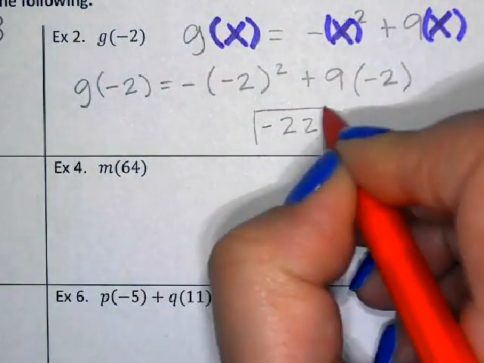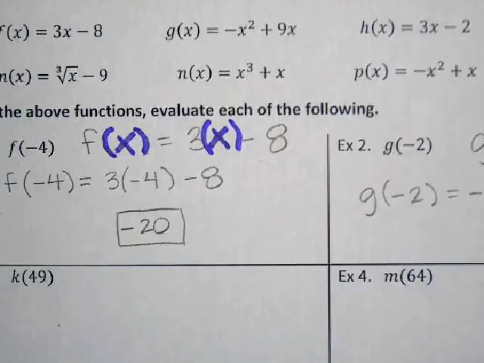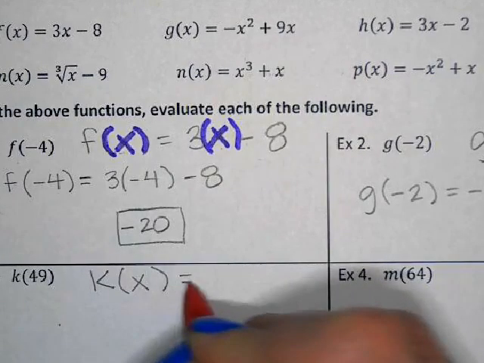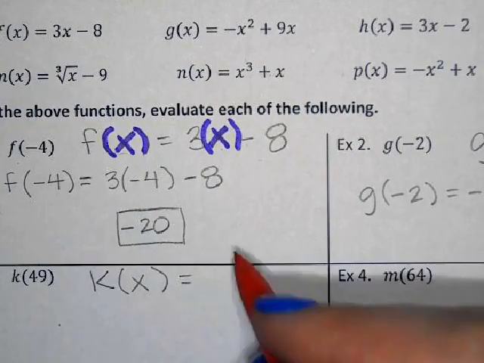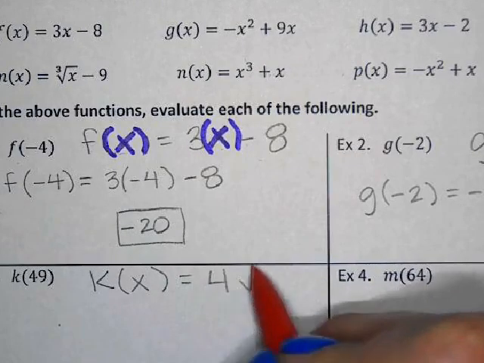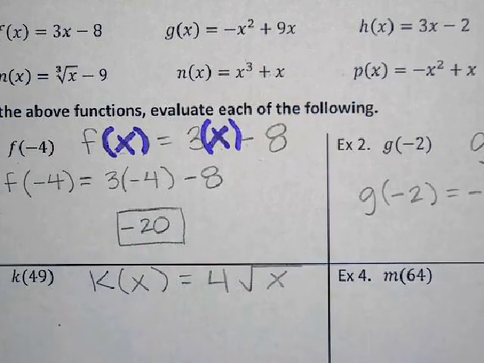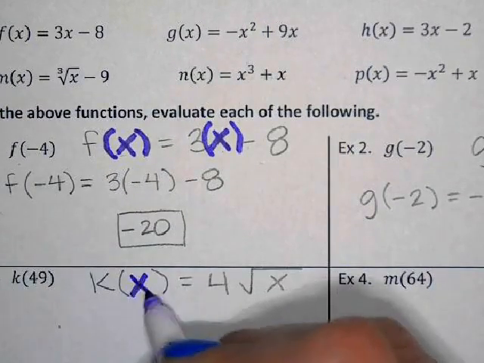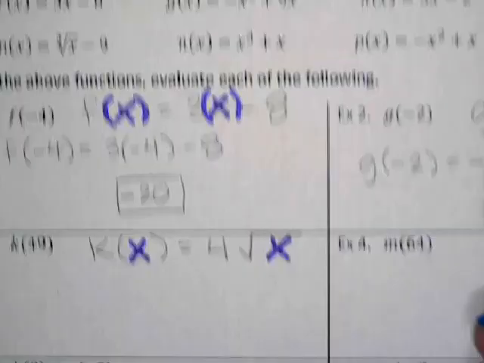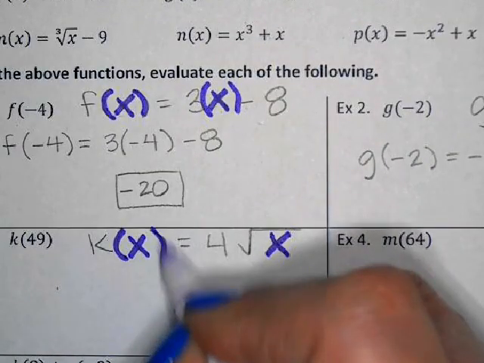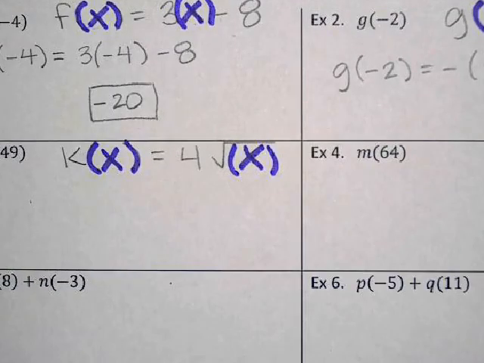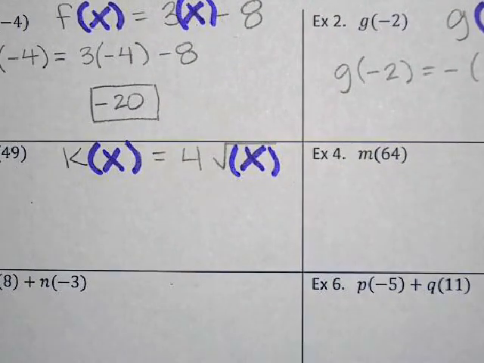Okay, next one is k of x. This one is 4 square root x. Okay, we're going to take our x's and replace them with 49.